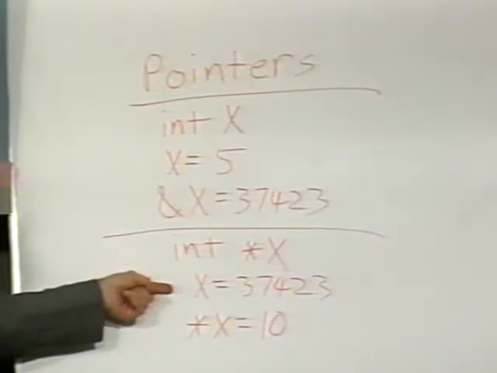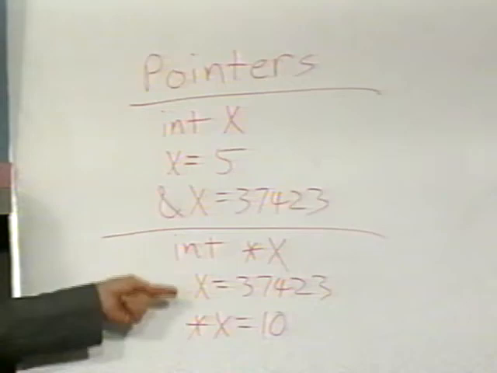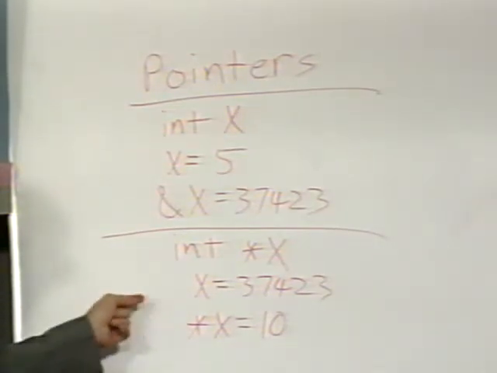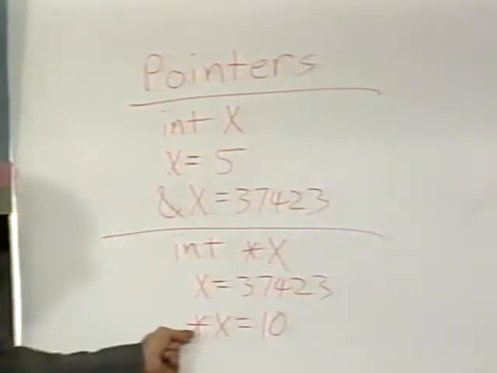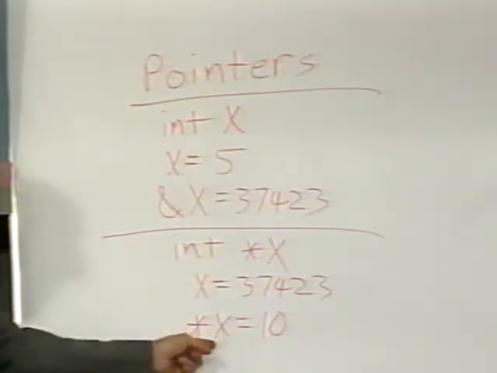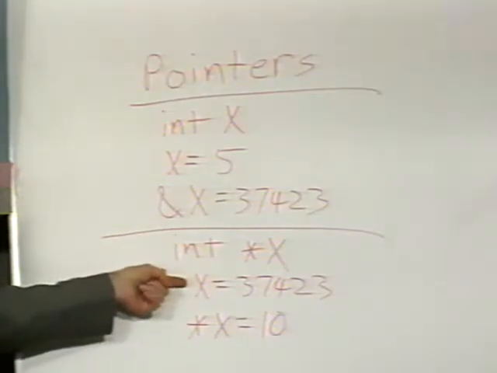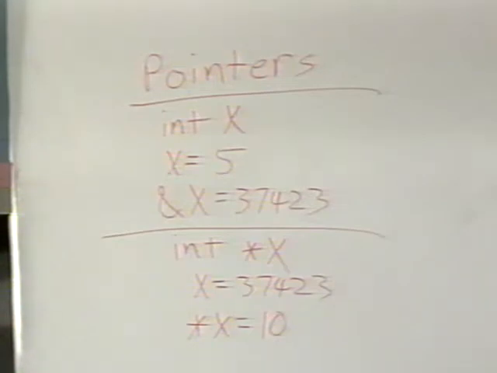Whenever we want to find out what is at that address, we put the asterisk in front of x. So *x may give us a value of 10, whatever the value happens to be at this location in memory. It's very important when you use pointers and addresses to keep them straight.